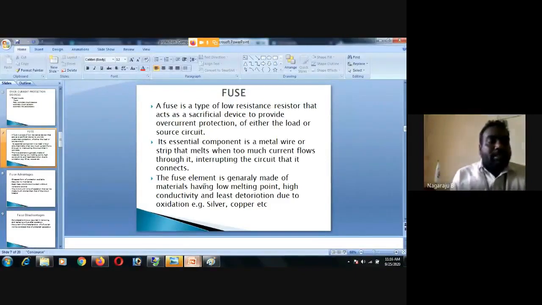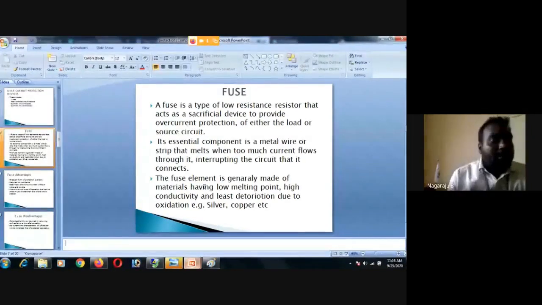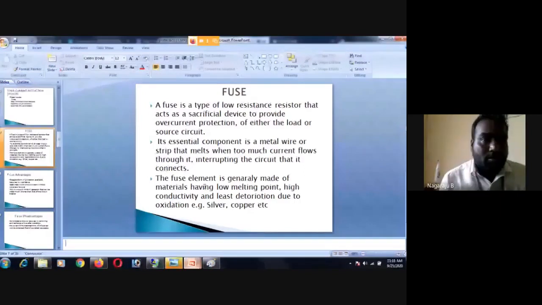Expulsion type fuse cutouts are nothing but the fiber type. When you use the fiber, you have expulsion type fuses. You have different categories of fuses.